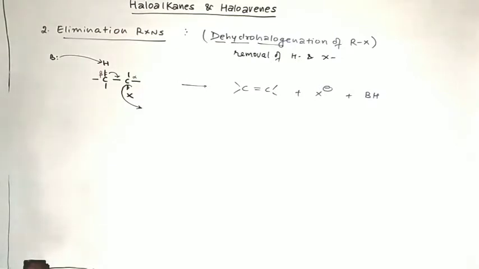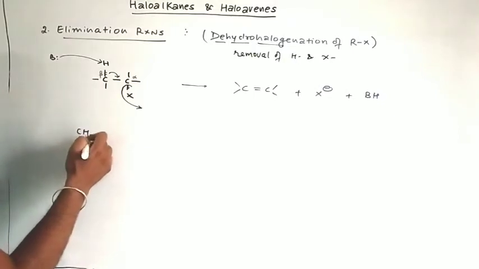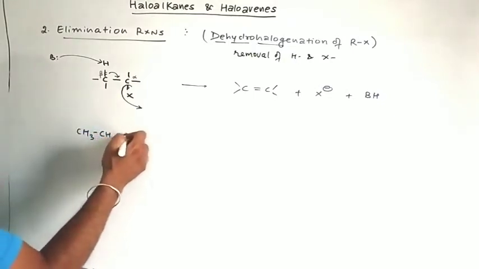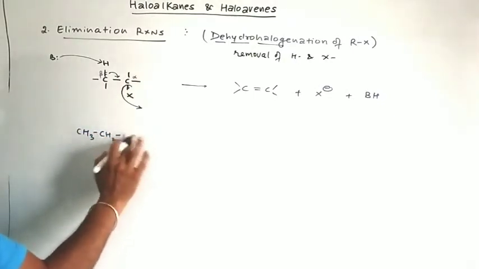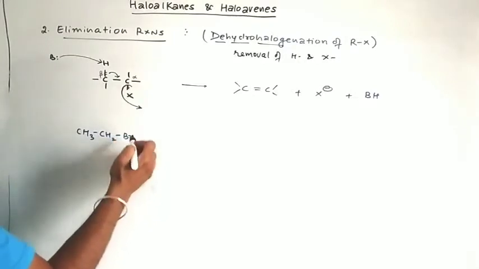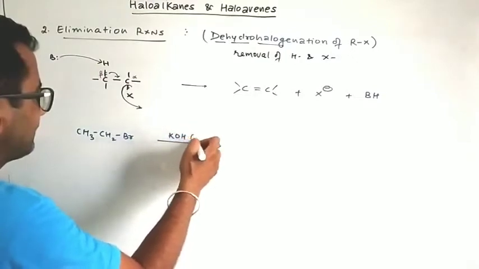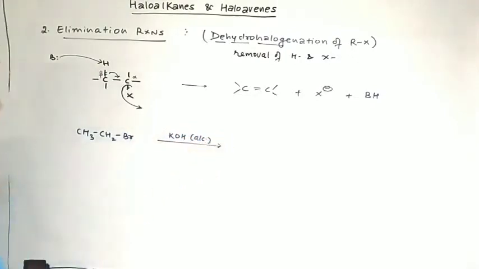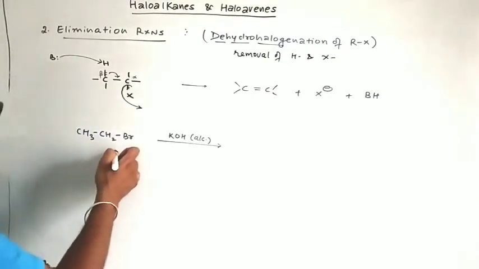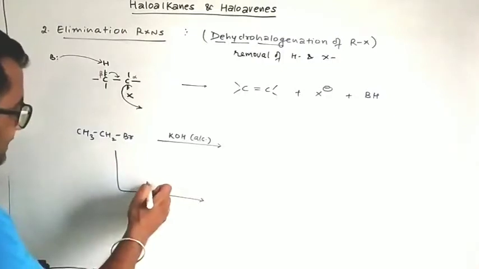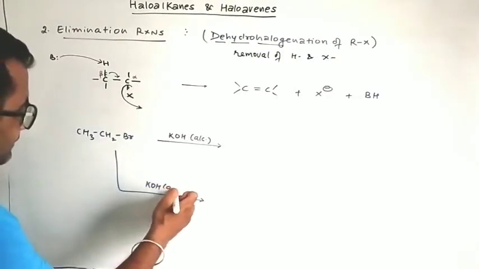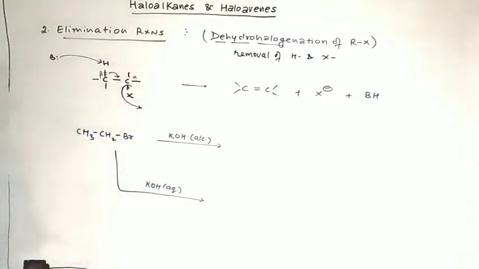It takes place generally in the presence of KOH. Suppose we have CH3CH2Br. If we add alcoholic KOH, but one more reaction of this is, if you add aqueous KOH, both are different.